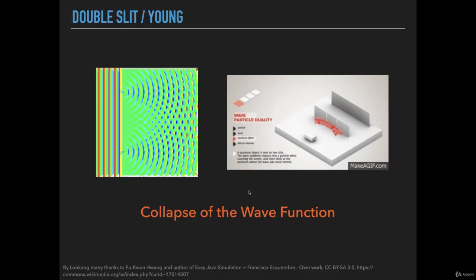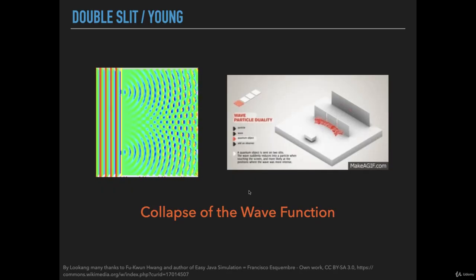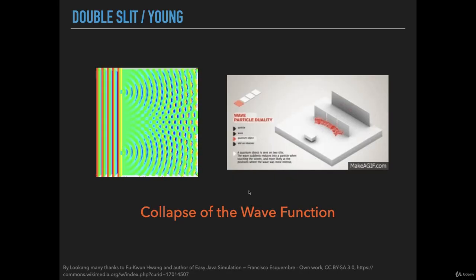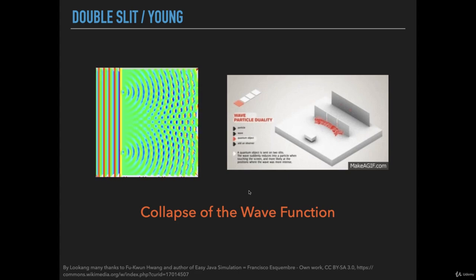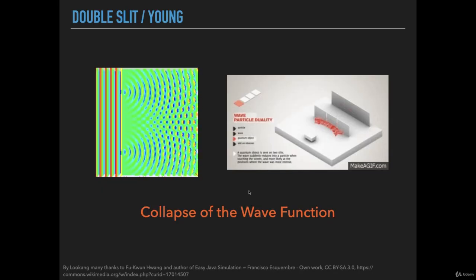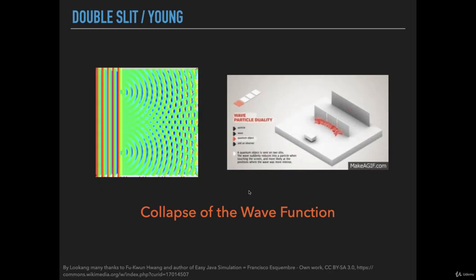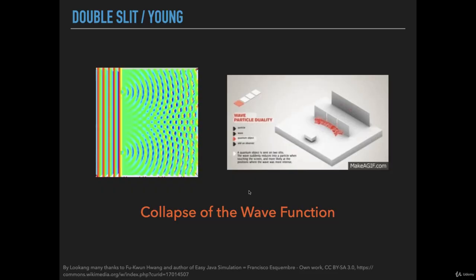And the weird part is that when they introduced this observer, they lost the interference pattern. They only saw two rays of light appearing at the center of the whiteboard, as if the photons are just going to the slits directly, behaving like particles.